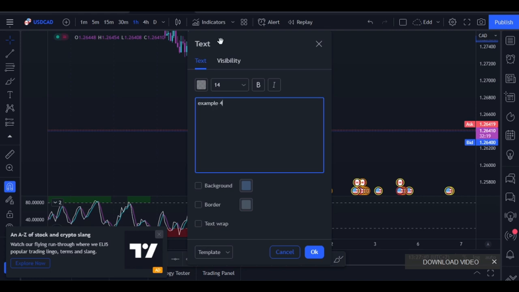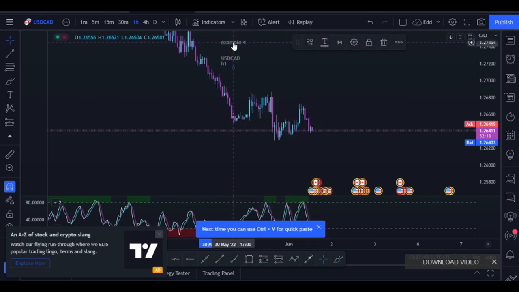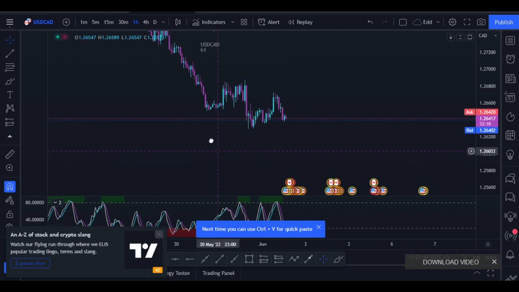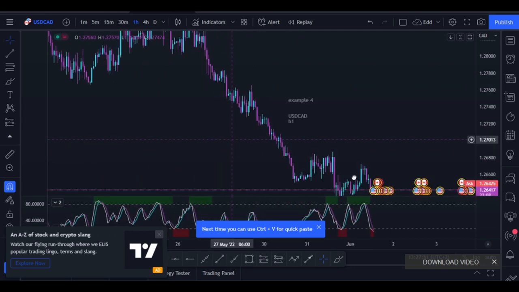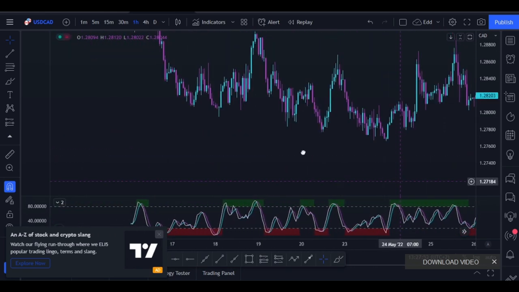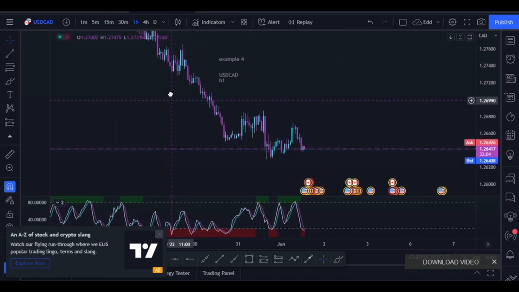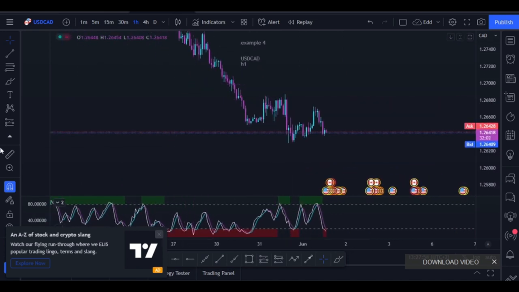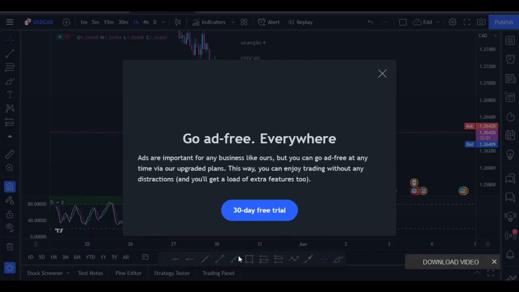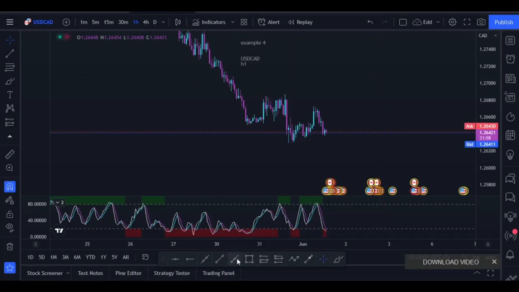Example number 4. USDCAD H1. Okay. So here we're looking for this has been trending downward. It's been trending downward. So what did I see here? We're looking for divergences, right? These ads.